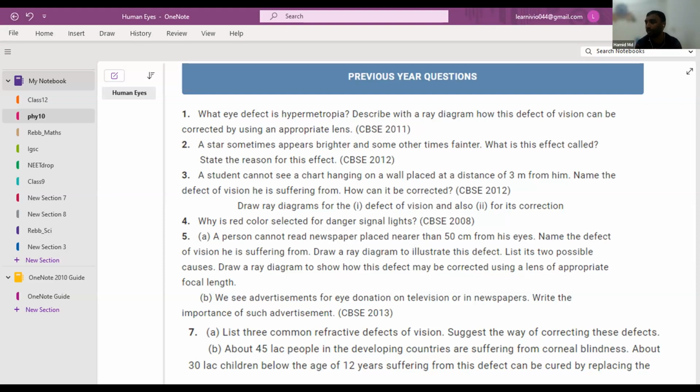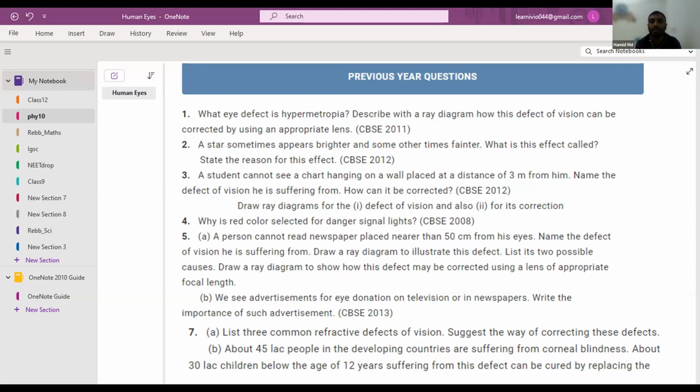When rays come from the object without using the lens, where do they make the image? Beyond the retina. Okay, good.